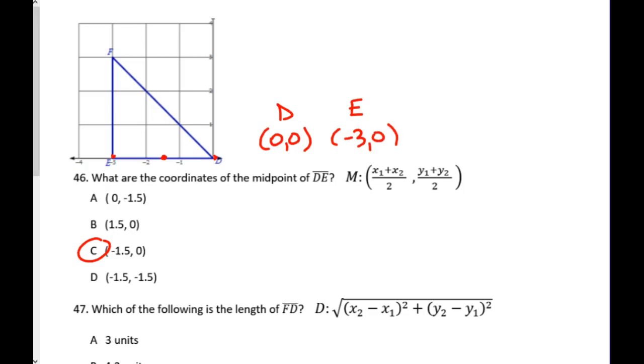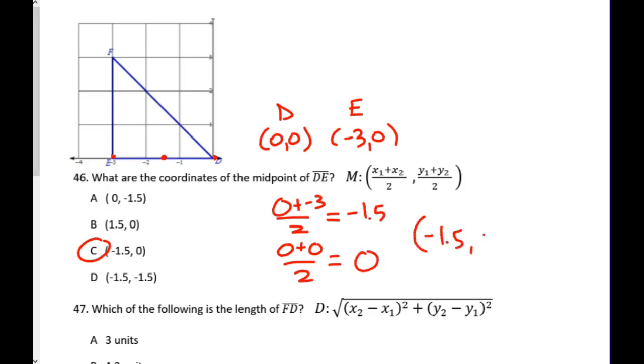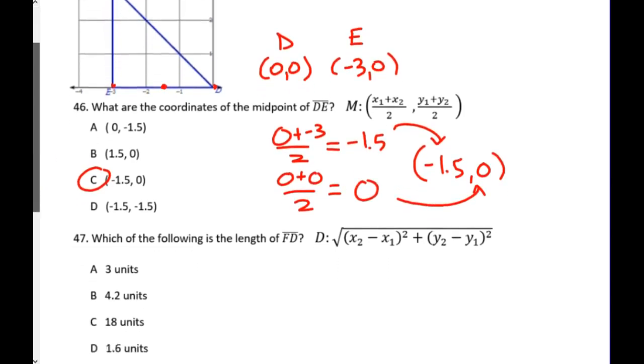You could have done 0 plus -3 over 2, and you could have done 0 plus 0 over 2, -1.5. Okay, either way you want to do it, graphically or using midpoint formula.